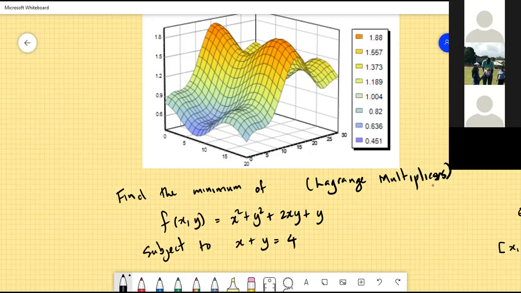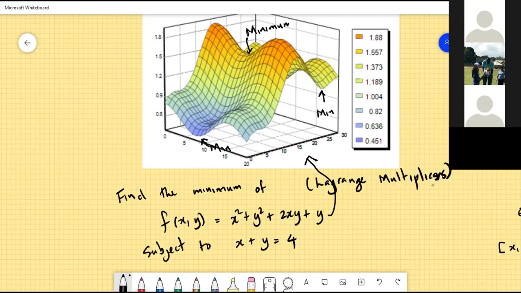Find the minimum of this function subject to a constraint. Now, why I put this diagram up here is to say you have several minimums. So a minimum is here. This function, that is what it would look like graphically. It is a surface. So you have a minimum here, you have a minimum here, you have a minimum here. They call it a local minimum. So if you graph the function, it has several minimums.